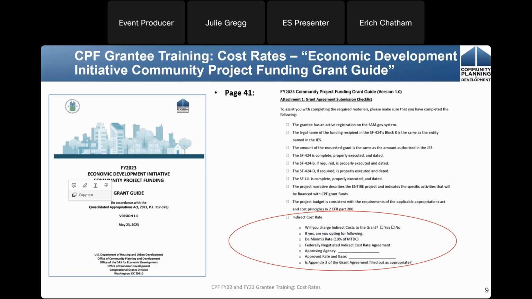And should you elect to charge an indirect cost rate, you have to identify what rate and who approved that agency, the federal agency that approved the indirect cost rate, and the basis for that rate. And we'll dive into the details of each of these questions throughout the presentation. Next slide, please.